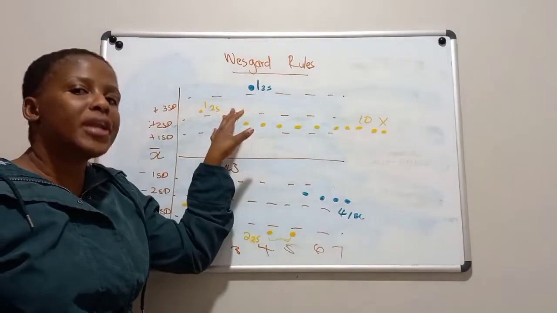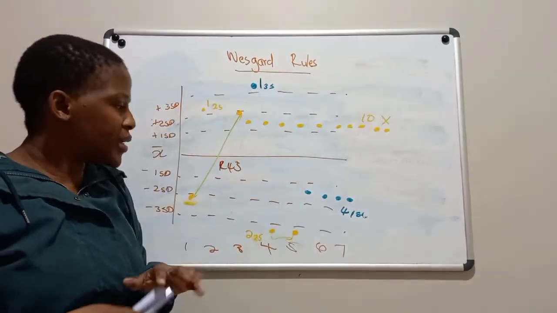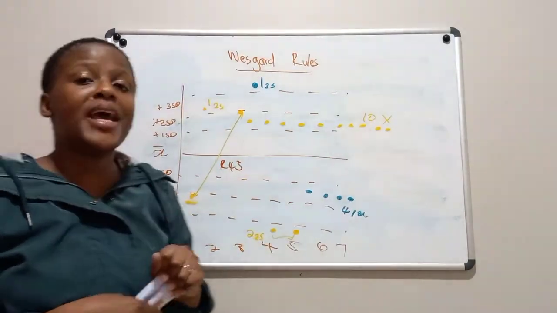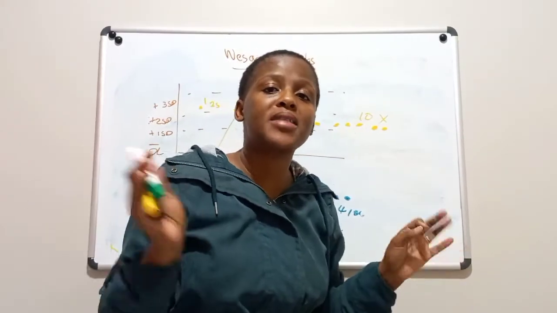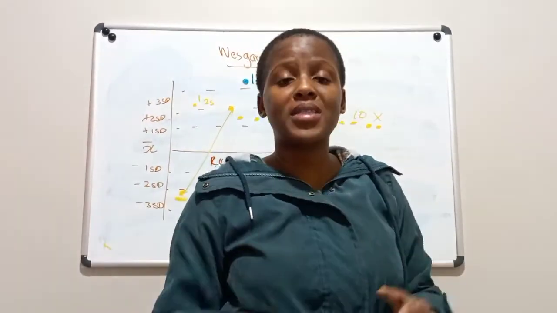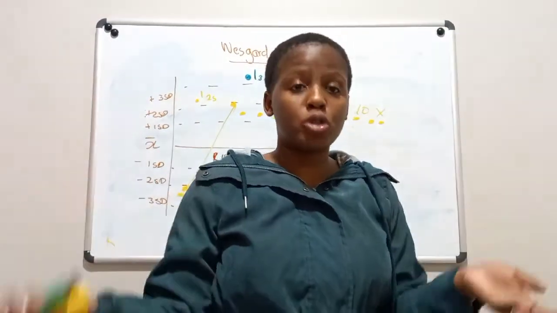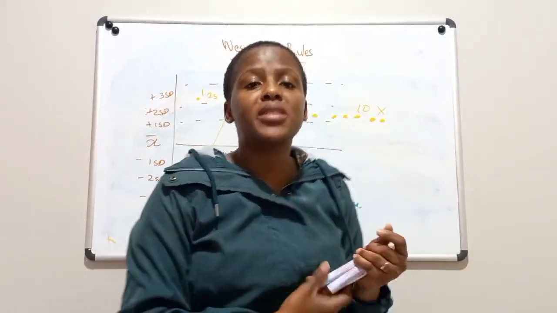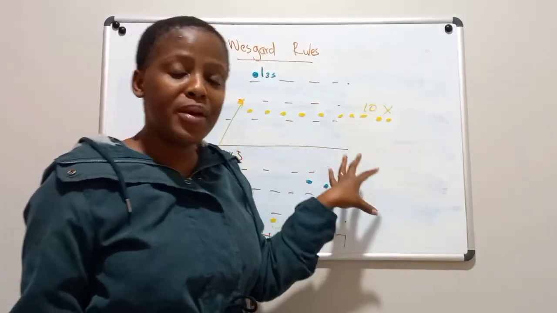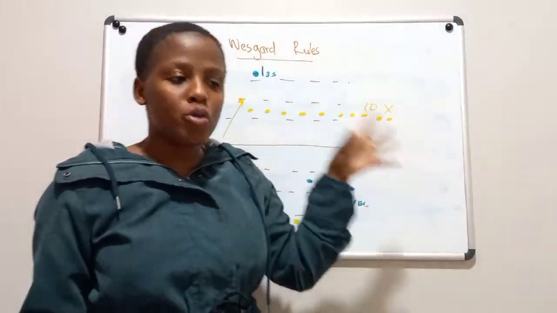So basically, this is what I wanted to share. But when it comes to accepting your QC or not, just make sure that you always follow your lab's protocol. Because some labs do make some amendments to the Westgard rules.